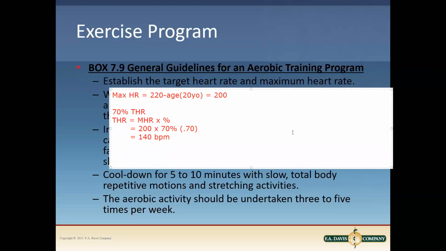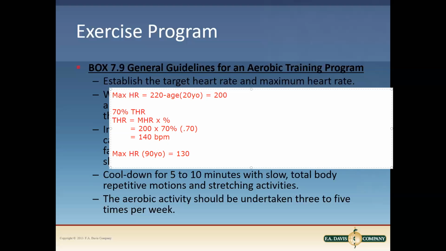Max heart rate for somebody that's 90 years old, what's their max heart rate? 220 minus 90. 130, right? How easy is it to get to 130 beats per minute? It's actually pretty easy. Right? Just doing a little bit of hard activity.